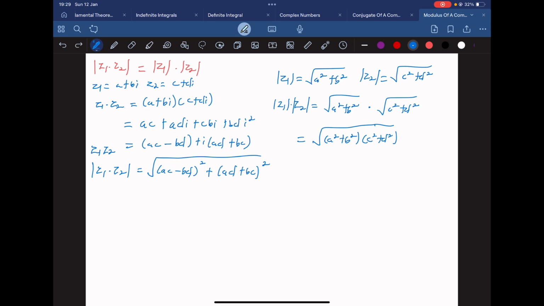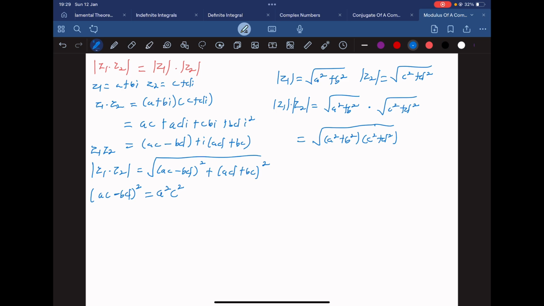So let us try to simplify this further. In that case, we have AC minus BD squared, which is this. If you are to simplify this, first of all, there's a short procedure to do. You first of all square this because of the squared. So if you square AC, you get A squared C squared.